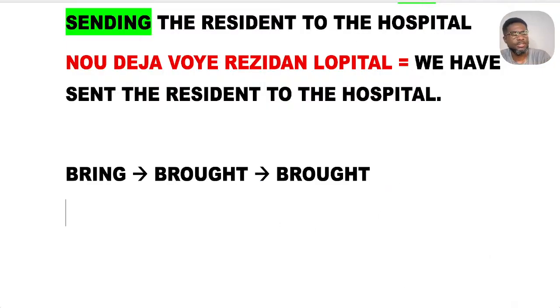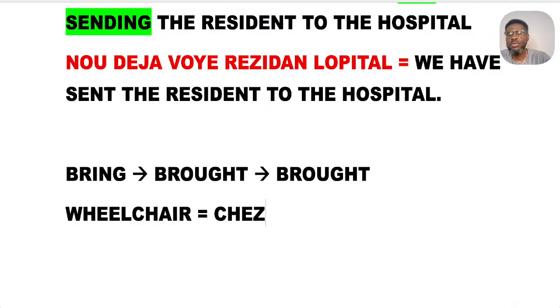Alrighty. So let's begin. Let's look at some vocabulary that we usually hear in some workplaces. We have wheelchair. Wheelchair is chaise roulante.